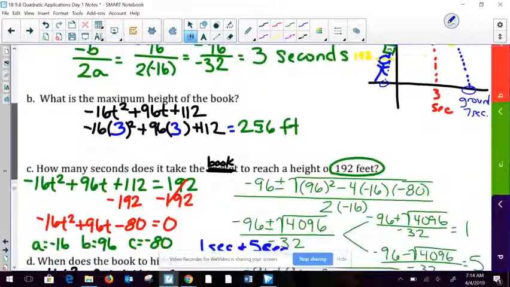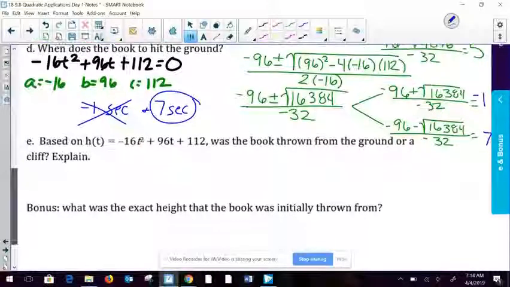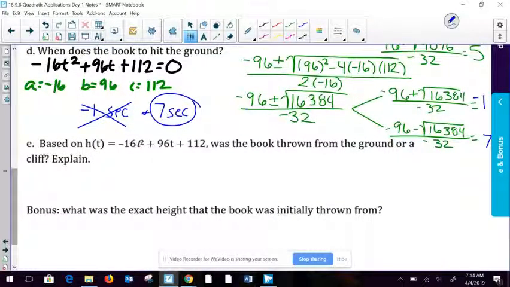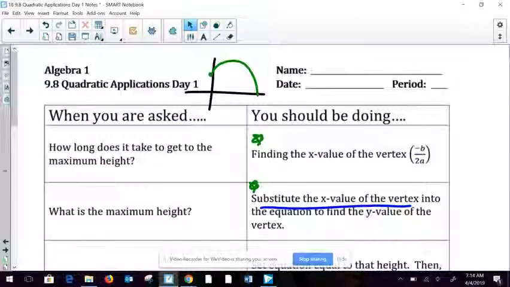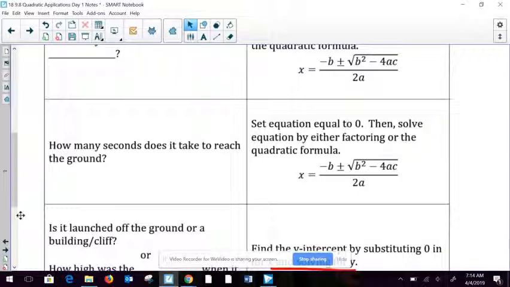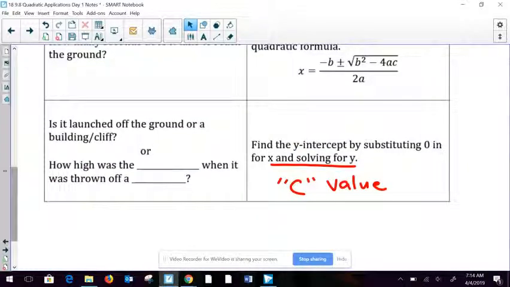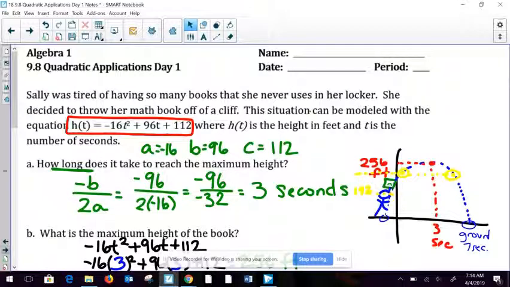The final question that it's asking us is, based on this equation, was the book thrown off the ground or a cliff? So if you go back to the other page and we look at the bottom box, it talks about, was it thrown off of a cliff or from up high or whatever, or the ground? Remember, we're looking at the C value. So if we think about our equation, the C value in our equation is 112.